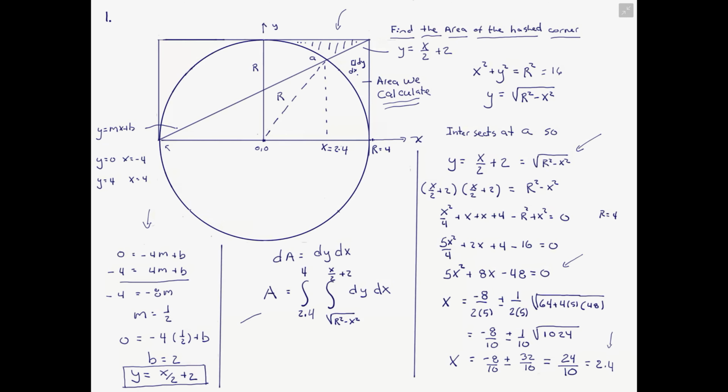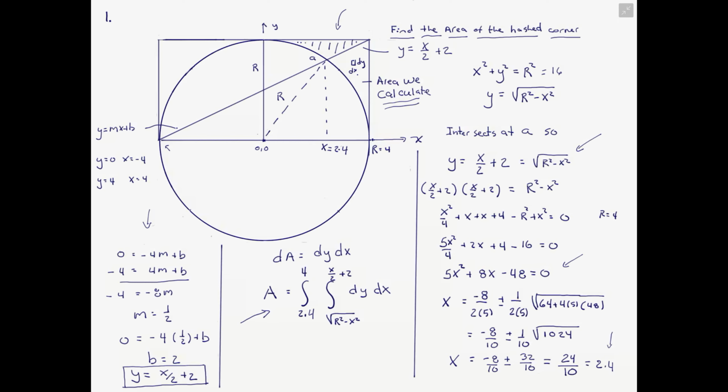And up here in the middle of this diagram, I have the area dA equals dy dx, and I'm integrating in the y direction from the square root of r squared minus x squared, that's the surface of the circle, to the line x over 2 plus 2. So that's my y integration. My limits of integration in the x direction are 2.4 to 4, and the problem is solved.